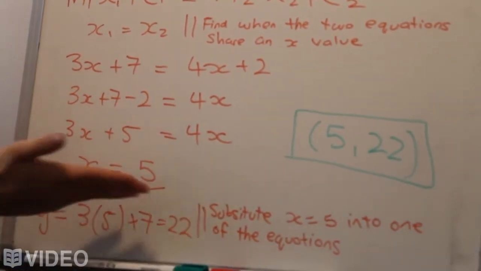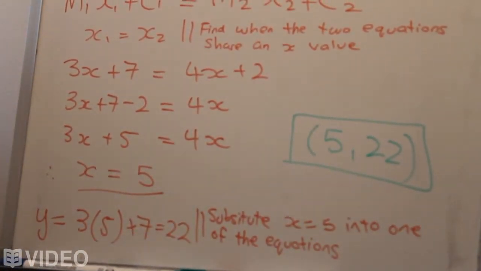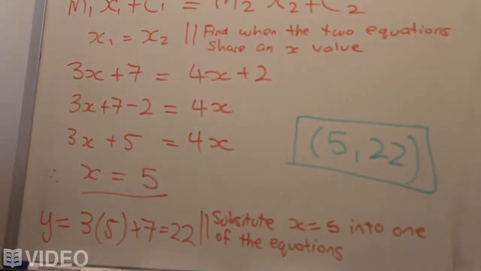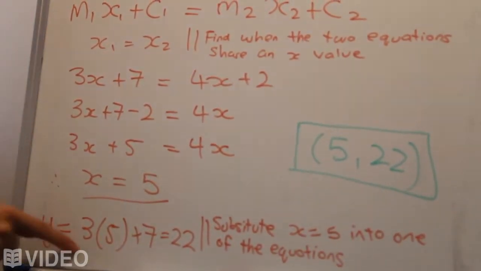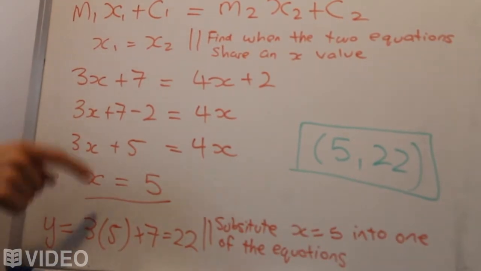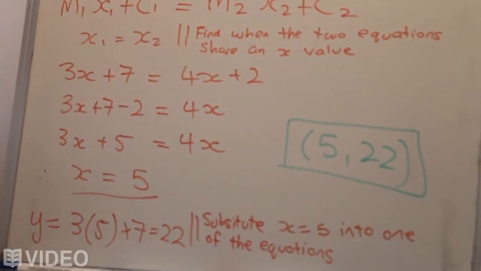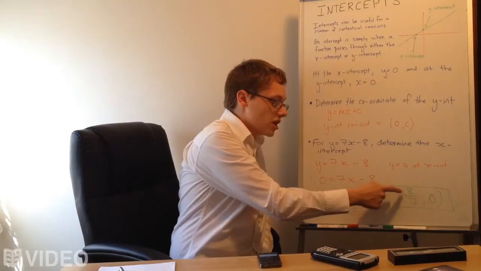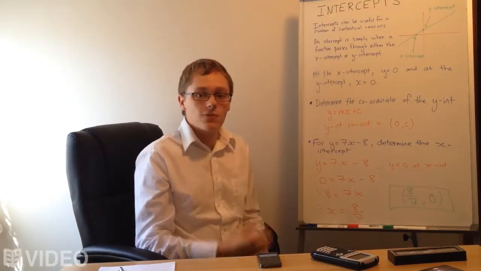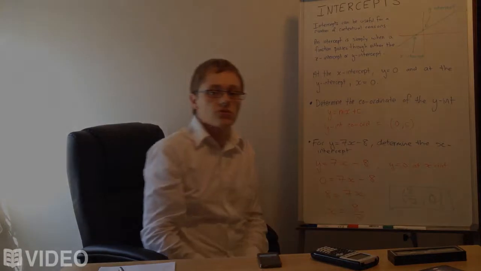Because it's in the numerator on the right-hand side, it's going to be in the denominator on the left-hand side. As a result, we get x equals 8 on 7. So in terms of the x-intercept coordinate, we have an x-intercept at this coordinate here, where x equals 8 on 7 and y equals 0.